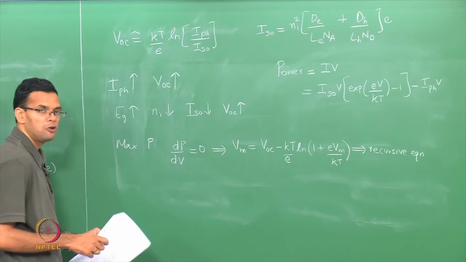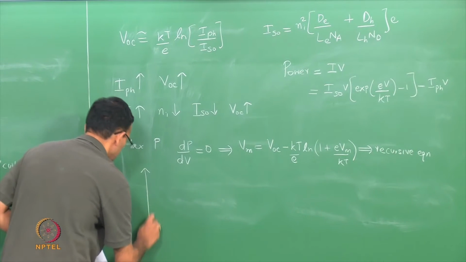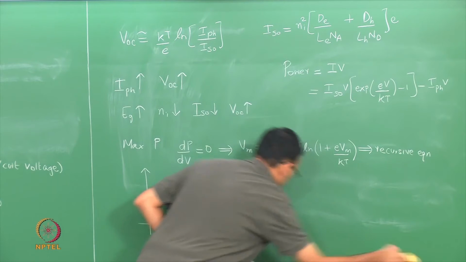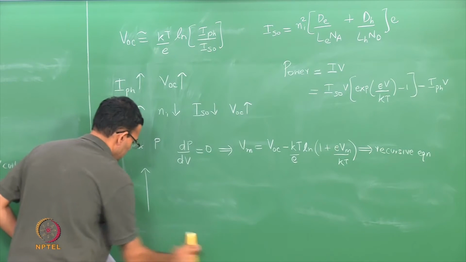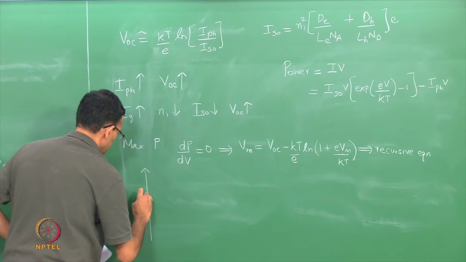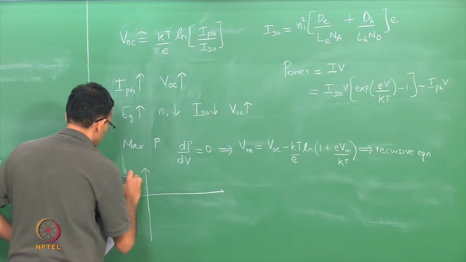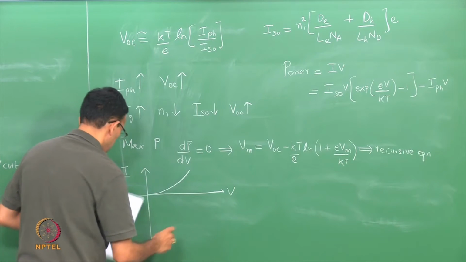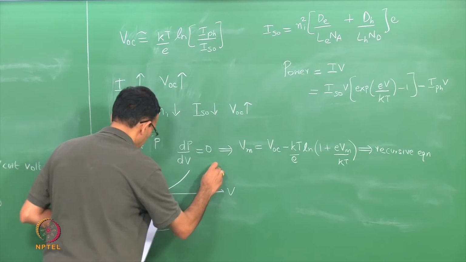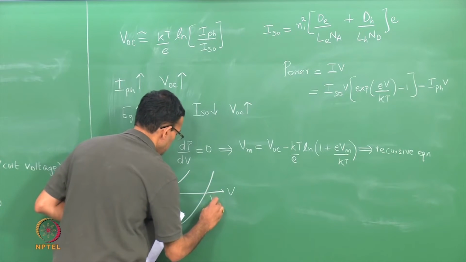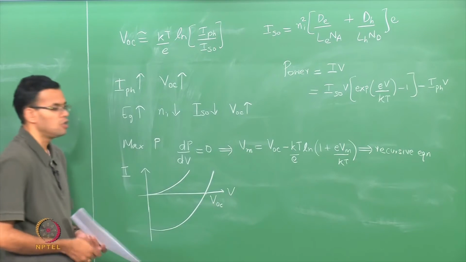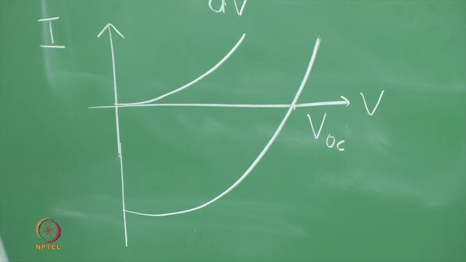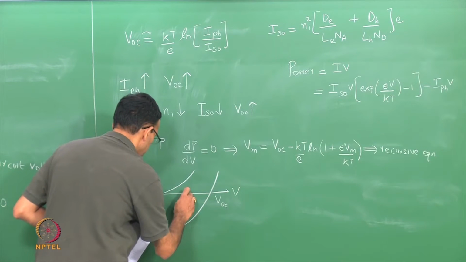So let us once more look at your IV curve. You just redraw this. So this is your dark current, this is your current under illumination, this point is VOC. So we can calculate the Vm, which corresponds to the maximum power, and also the Im.